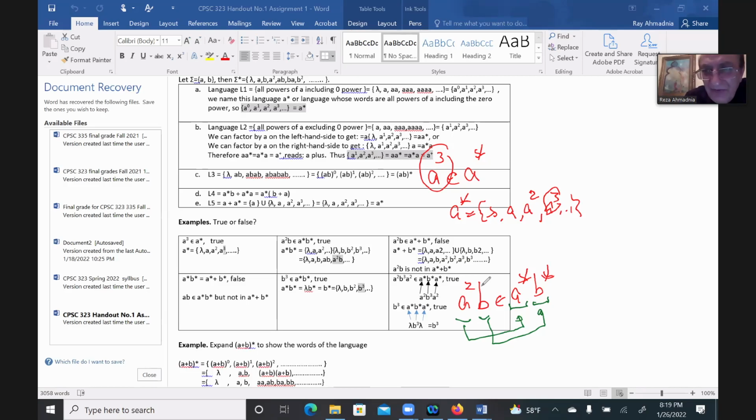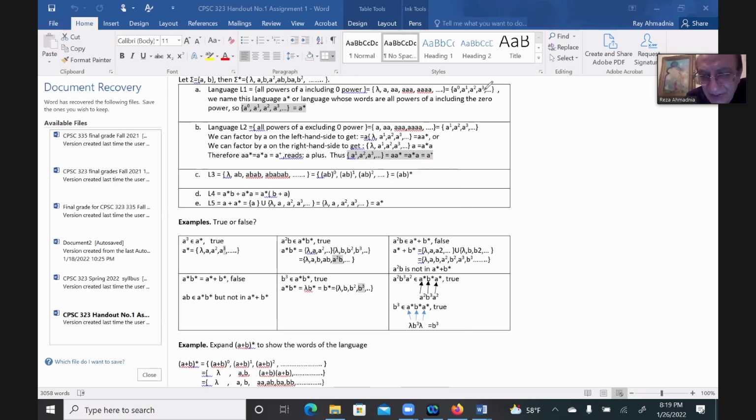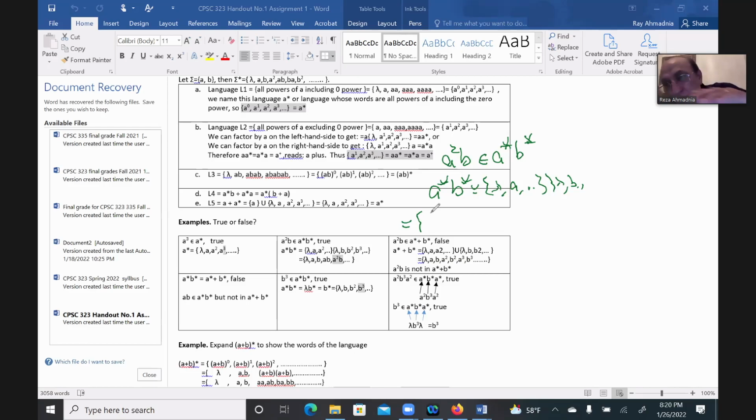Now, if it is not clear, look at this one here. A squared B is a member of A star and then B star. What is A star and then B star? It is lambda, A, and then lambda, powers of B. When you concatenate this to here, make sure to list the words based on their length.